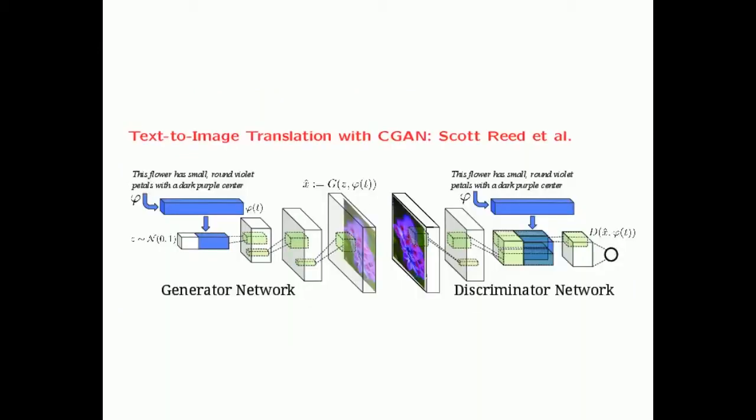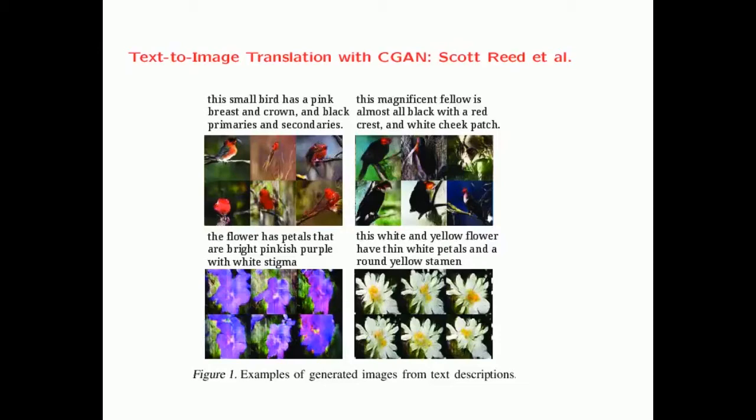You can also do conditioning over text to images. Here the conditioning is by using text captions, and the output is an image which has the characteristics of that caption. Here I have shown some examples of text to image translation. This is from the Scott Reed paper. You can see, for example, upper left, this small bird has a pink breast and crown and black primaries and secondaries.